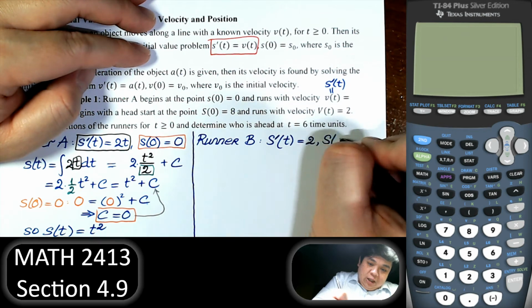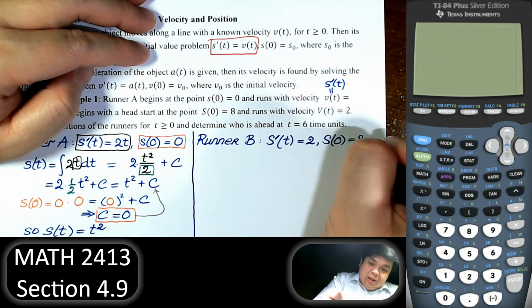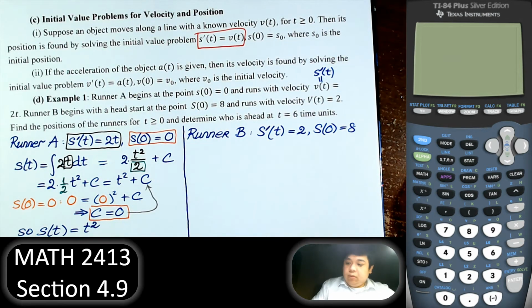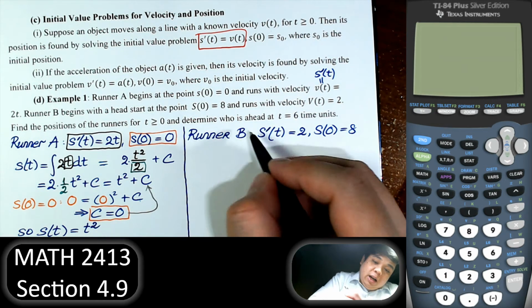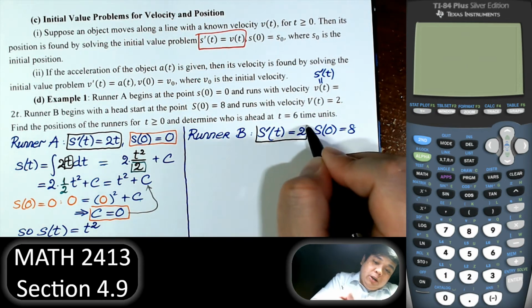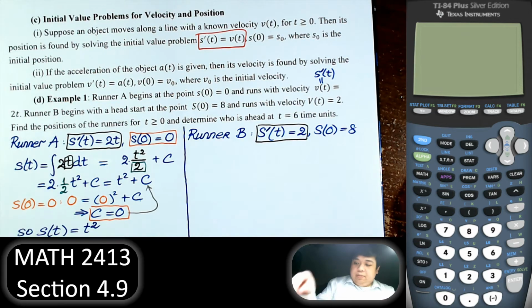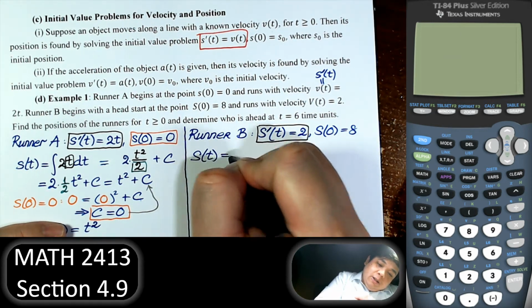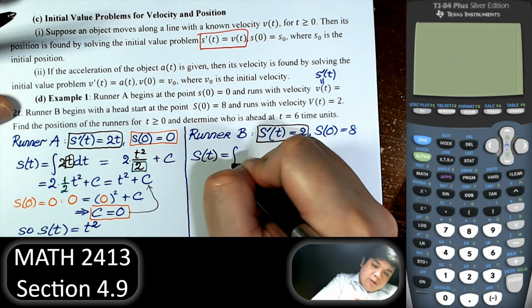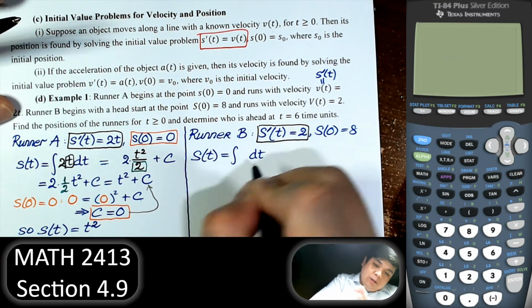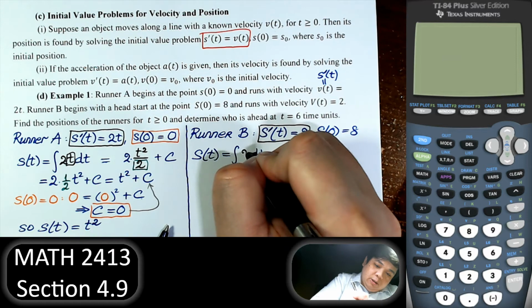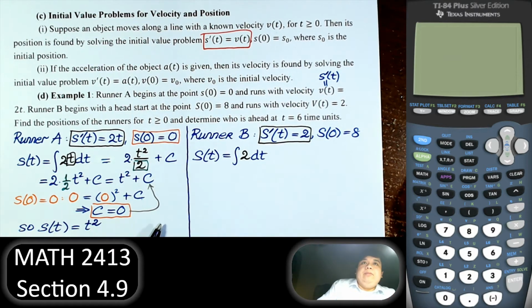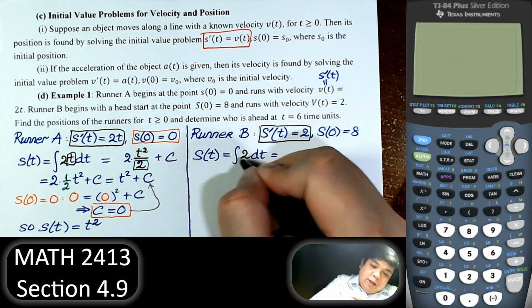And initially, it has 8. Once again, we undo the derivative by integrating. So the function, integrate.